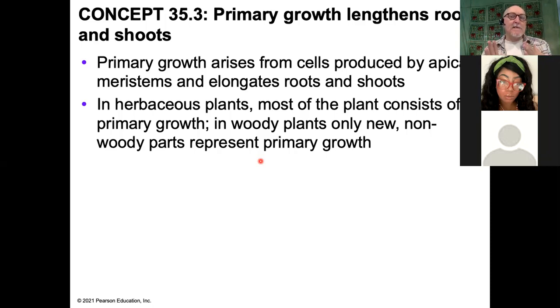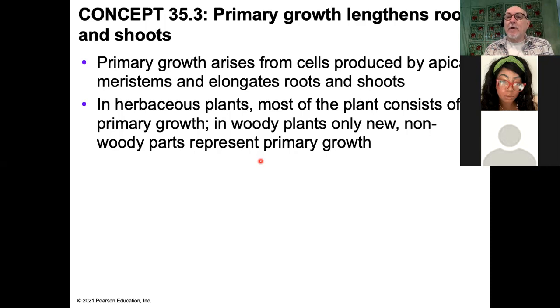But there are plants where most of the growth is simply primary growth. There's very little or no secondary growth, and those we call the herbaceous plants. And many of the annual plants, for example, do not undergo any secondary growth at all. But the characteristic of the plants that undergo extensive secondary growth is that they produce a tissue which we call wood.